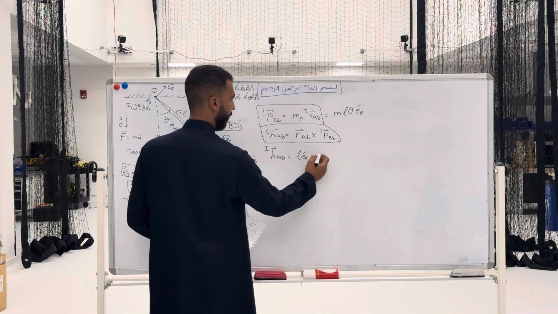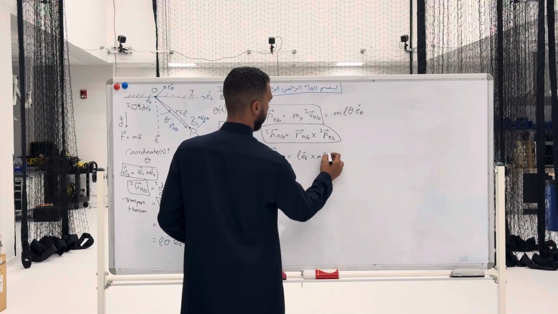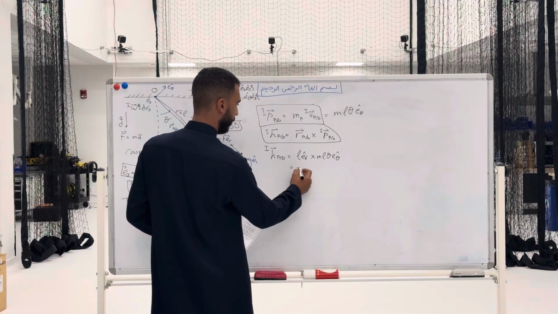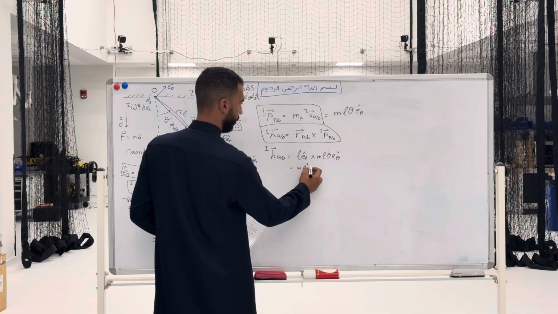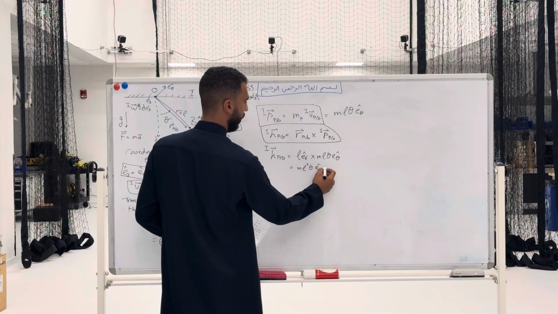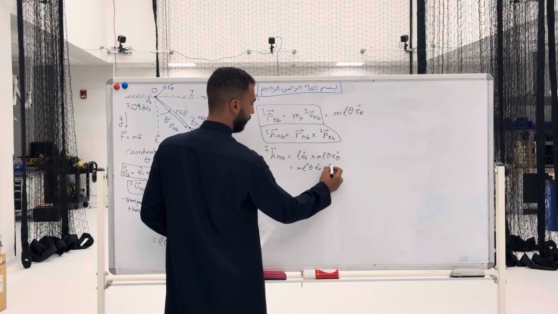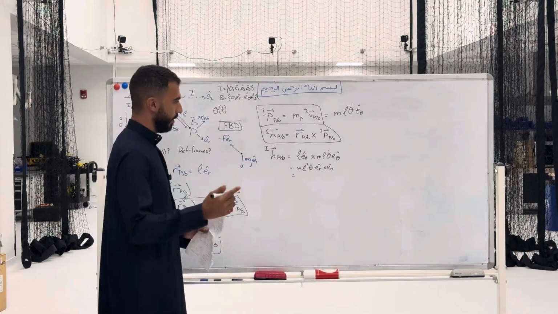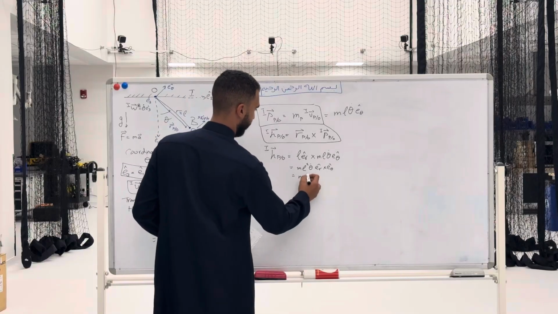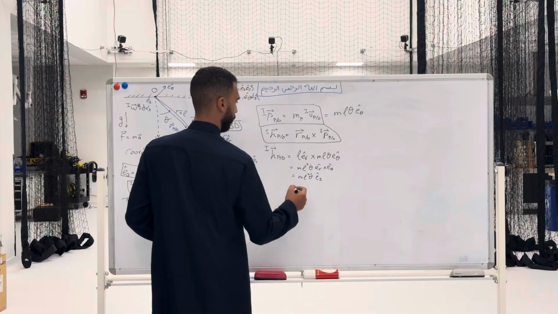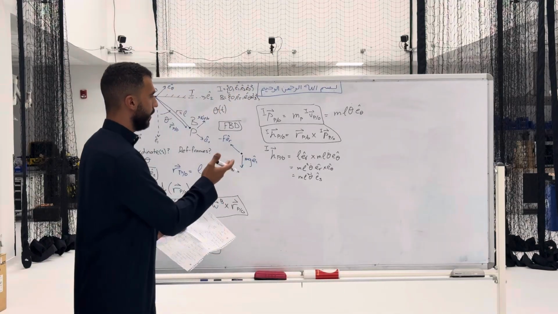Crossed with m L theta dot E theta. You can pull the coefficients out. It's ER crossed with E theta. What does this give? E3. So now we have the angular momentum.